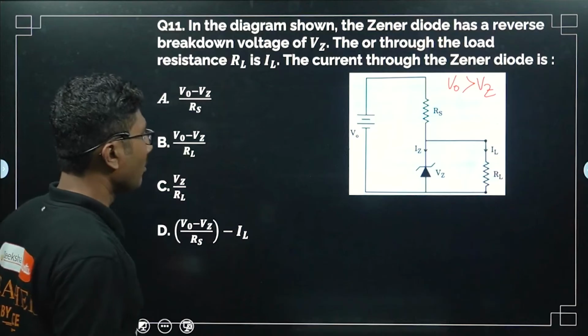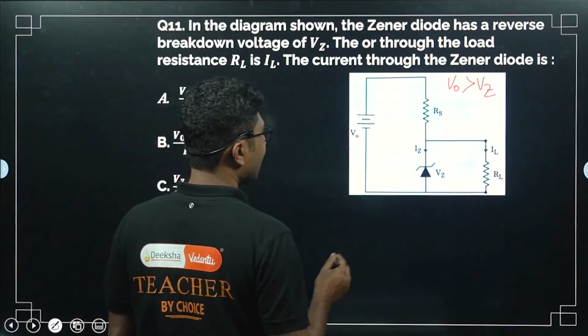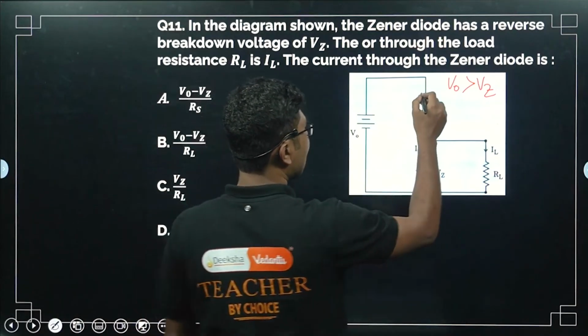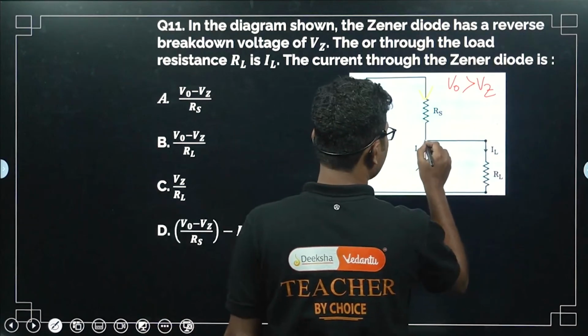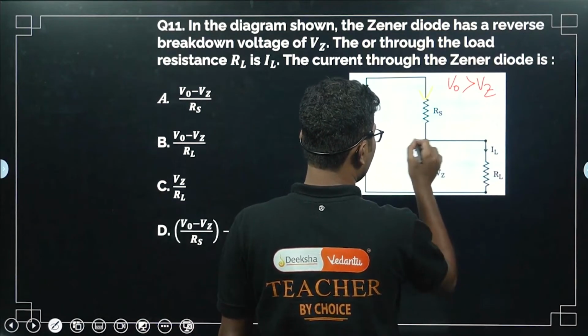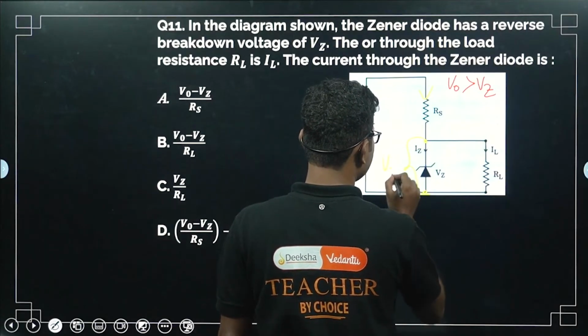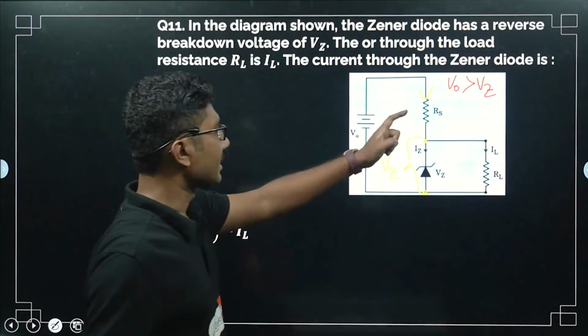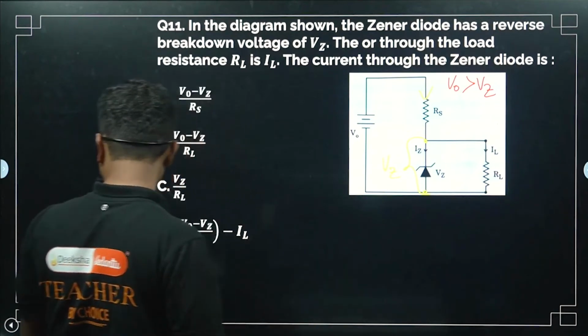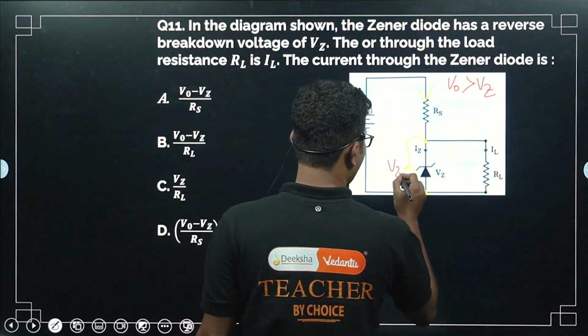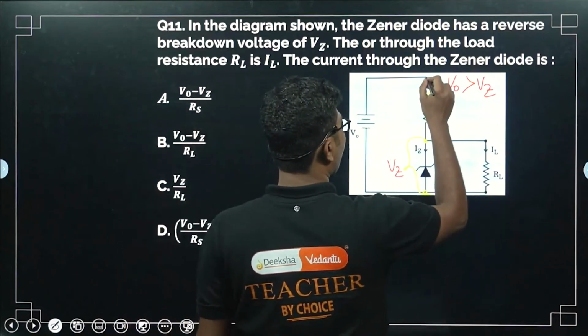Now what is mentioned here? VO is given here. Now suppose some current is passing through this. The voltage drop across this, IZ, is obviously VZ, because VO is greater than VZ, so the potential drop across the Zener diode is VZ. Now what is the voltage drop across RS?